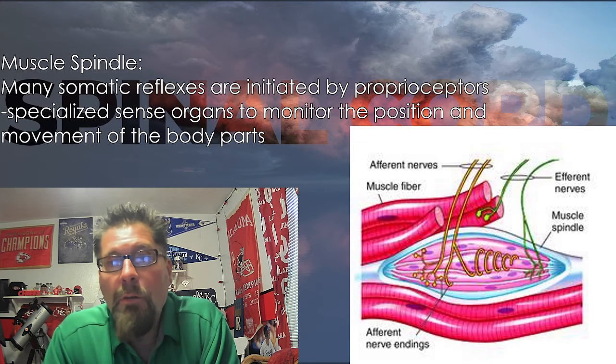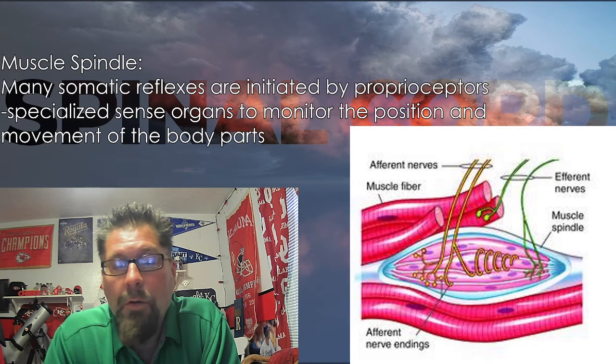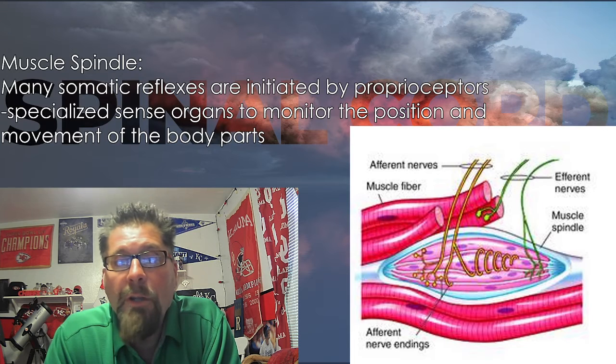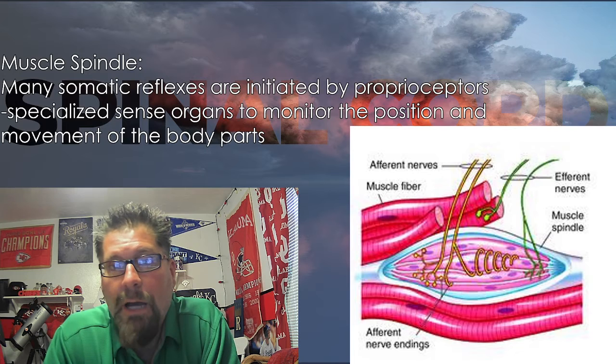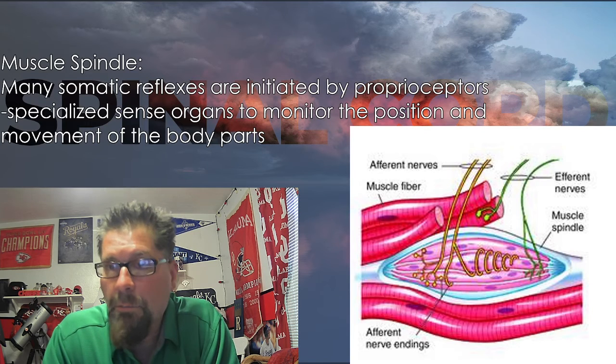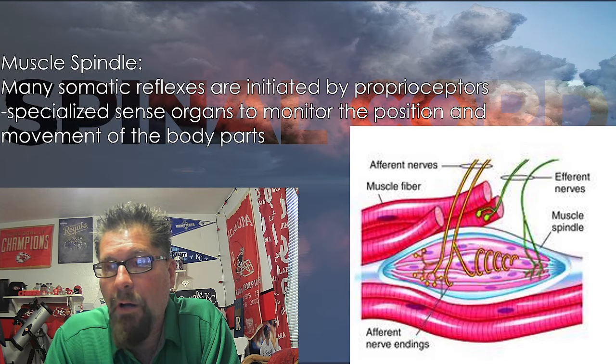Alright, so when we're talking muscle spindles, one of the first things we want to do is identify exactly what we're talking about. We mentioned these in the last video, and you can see the picture there beside me, and there's some information above, which you've heard, but just be sure you collect it, please. The idea of the muscle spindle, and we're talking about the whitish area over there.